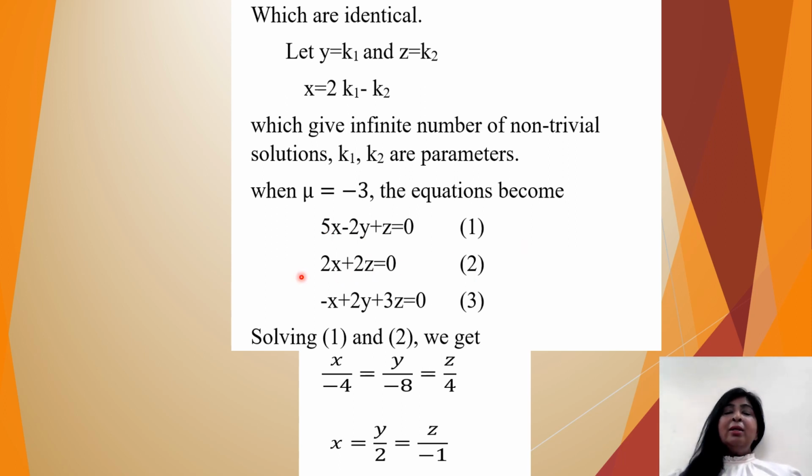It is three equations in three unknowns, so you can solve it by any method, by making the coefficients equal, or by the cross method. So you will get the values of x, y and z as x by minus 4, y by minus 8, z by 4.